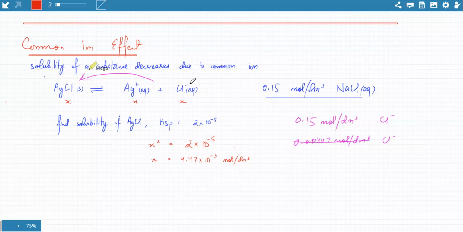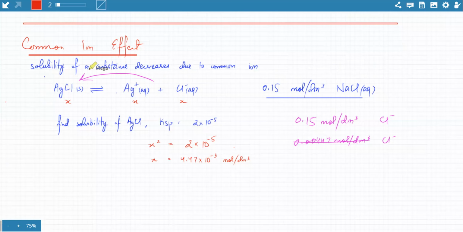So coming back to this, my point was that the solution already contains... I'm going to draw a diagram as well to explain this more in detail. The solution already contains NaCl, a lot of NaCl, and it has a lot of Cl minus 1 aqueous already. Now, in the presence of Cl ions, this equilibrium would be shifted backwards. Sarah, do you get this point, right? The equilibrium would shift backwards. Okay.